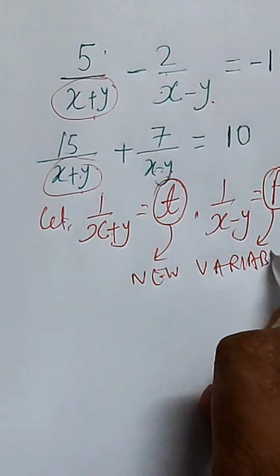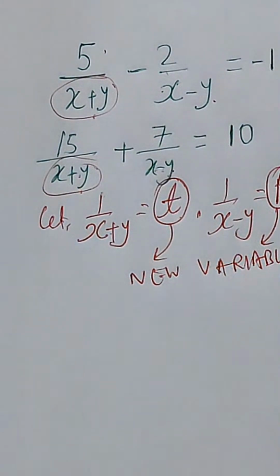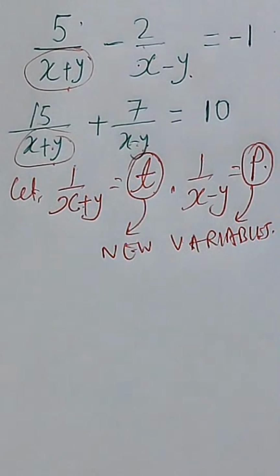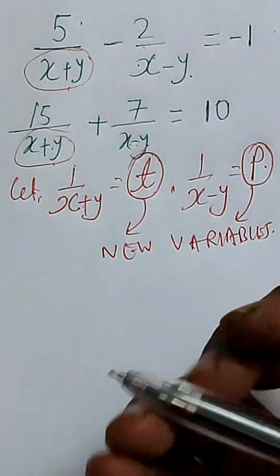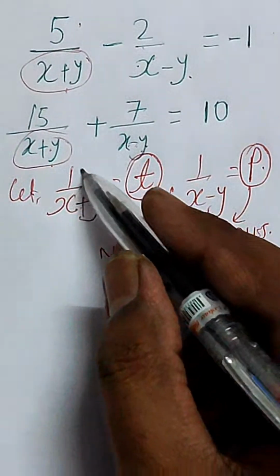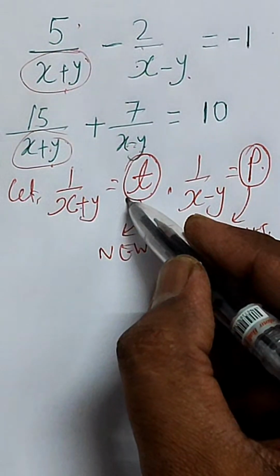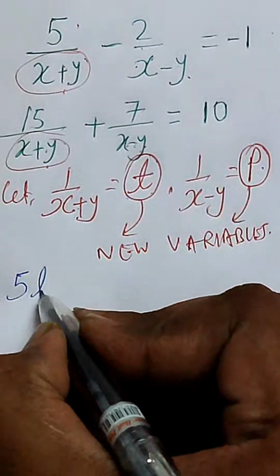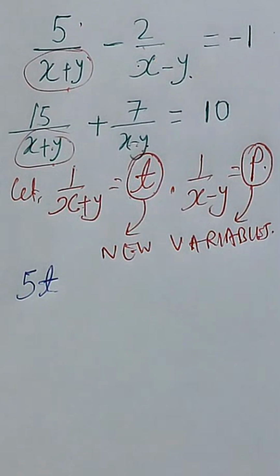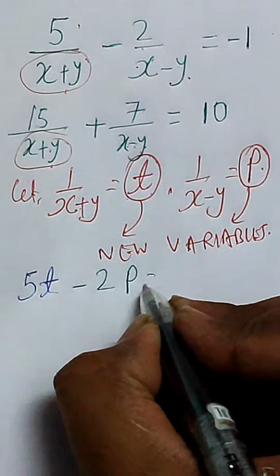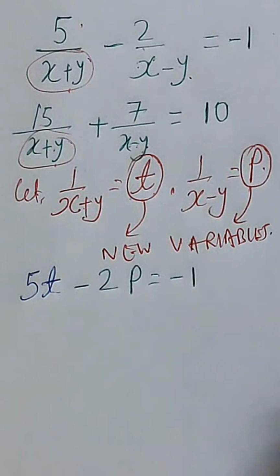What is the benefit of new variables? The new variables will make your equation easier to solve, right? Let us see how. Here, after substituting the value of 1 by x plus y as t, the above equation will be looking like 5 times t minus 2 times p equal to minus 1, isn't it?